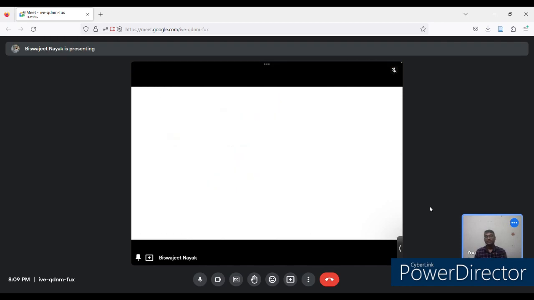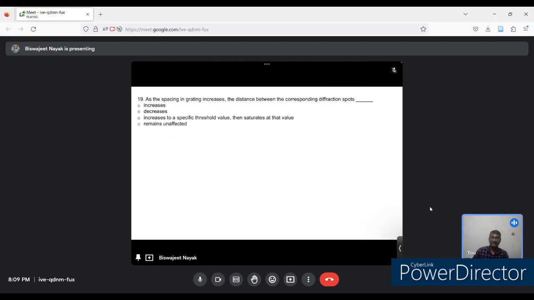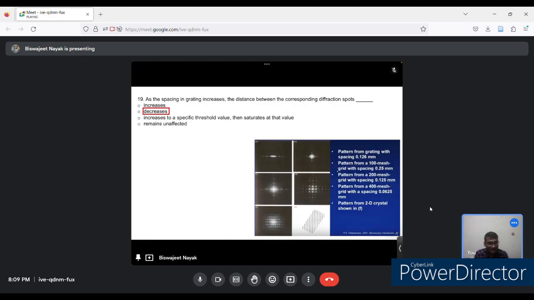Next question: as the spacing in the grating increases, the distance between the corresponding diffraction spots. This is very nicely explained in the lecture itself. As the spacing in the grating increases, the corresponding diffraction spot distance decreases. Here, from the lecture itself, I have taken the pattern from a grating with spacing 0.125.